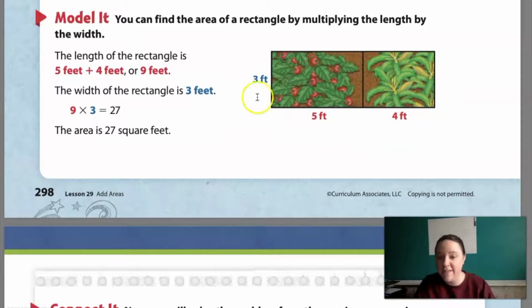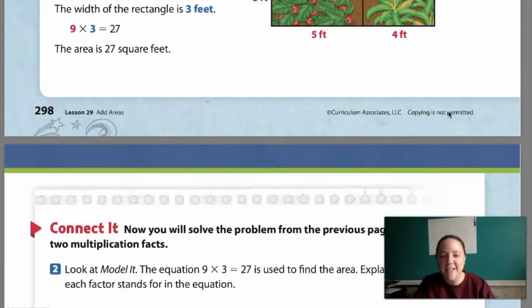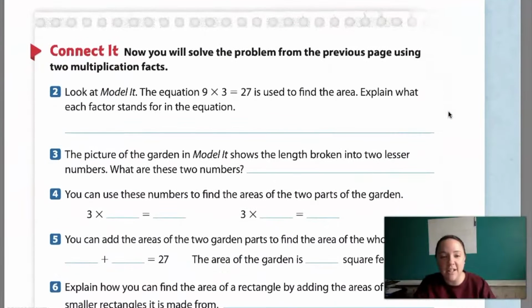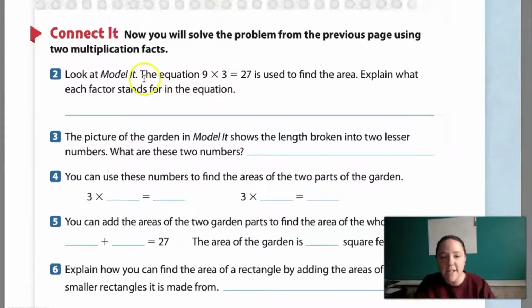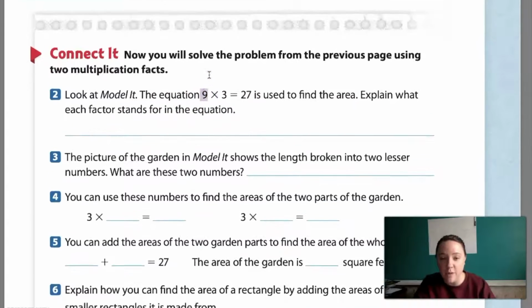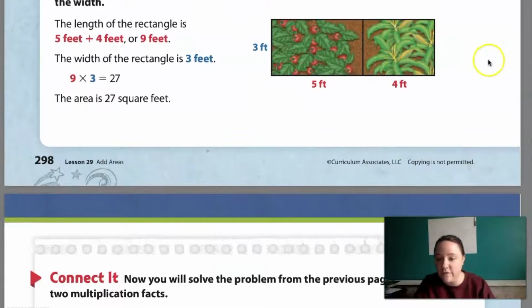The width. And the 3 stands for the, sorry, that's wrong. The width is 3. The length is 9. Sorry, messed that one up. And then you look at it and it says the 9 here. So now we know the 9 stands for the length of the garden.